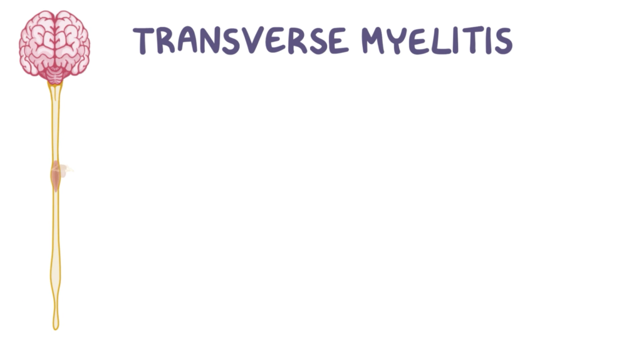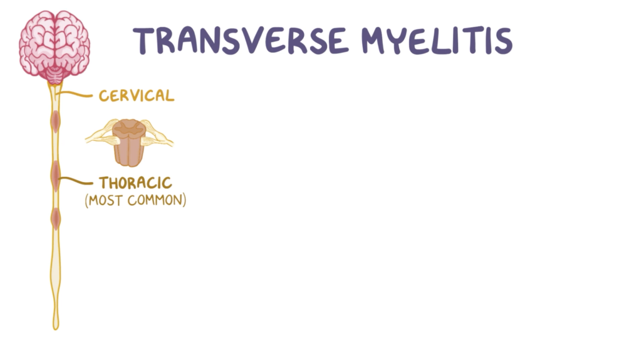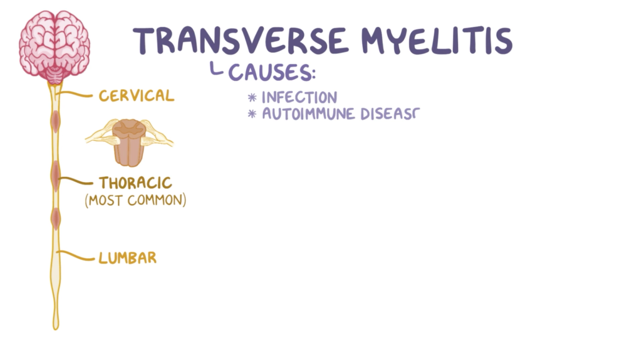In transverse myelitis, there's inflammation of the spinal cord across an entire spinal cord segment, or even multiple segments in some instances. Most commonly, the inflammation happens at the thoracic level, but can also happen in the cervical and lumbar regions as well. The inflammation might be caused by an infection, an autoimmune disease like multiple sclerosis, or it could just be idiopathic, meaning there's no identifiable cause.